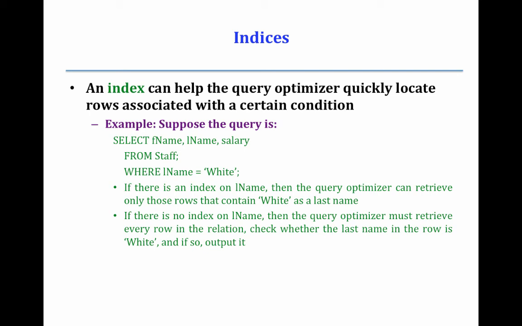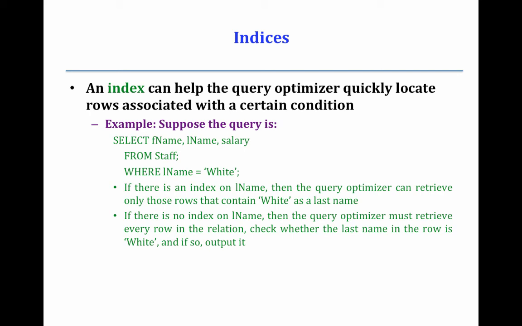And also sometimes you can satisfy a query without even going to the database if you have the right index. So let's say I had an index on salary and I asked for the average salary. A good query optimizer wouldn't even go to the database to calculate the average salary.